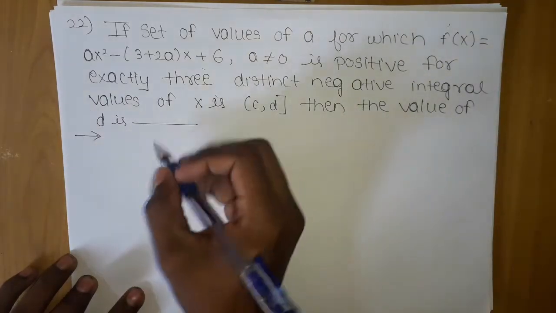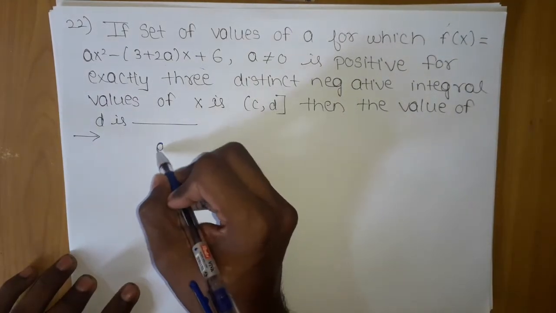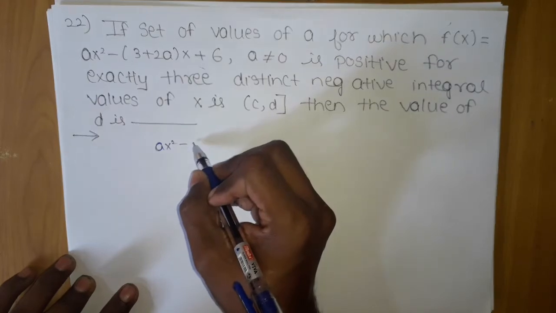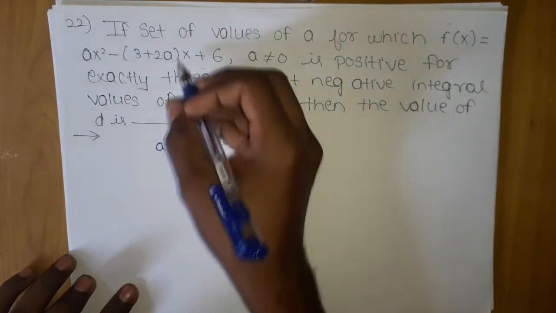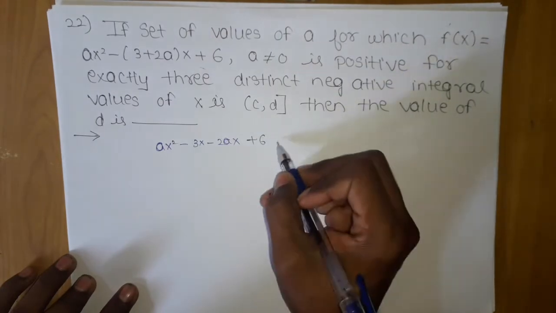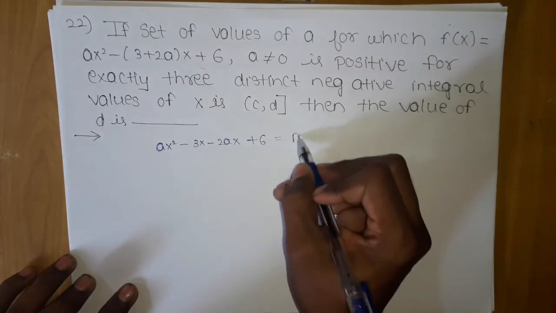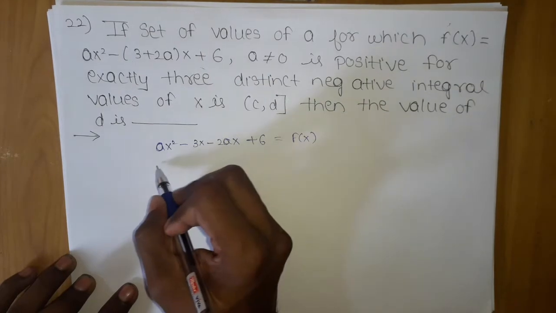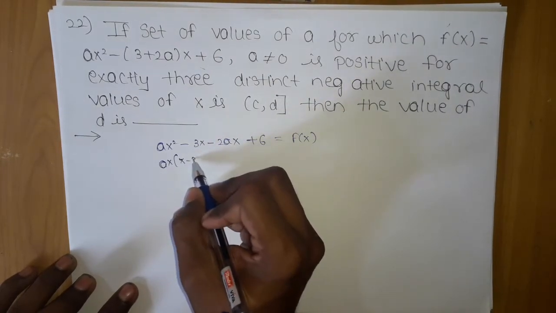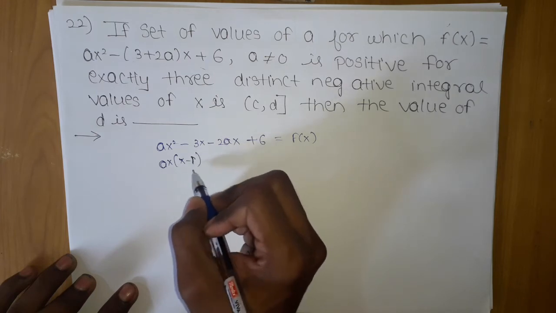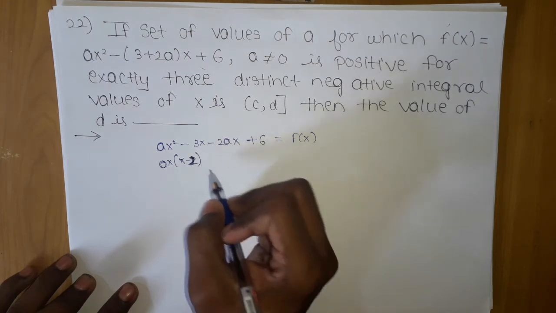Now first let's get the roots. ax square minus 3x minus 2ax, I opened it, plus 6. I took it as f of x, which was given. If I take ax common, what I get is x minus 1, sorry, x minus 2.